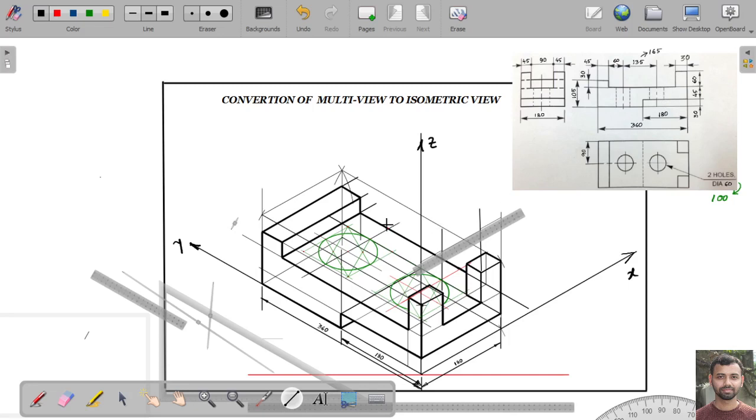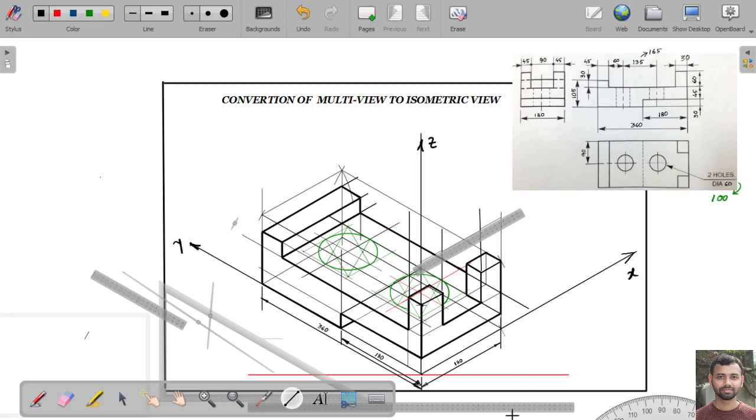Next is this is 30. That means from this point to this point it is 90 mm. Okay. Next is sorry, 30 mm.